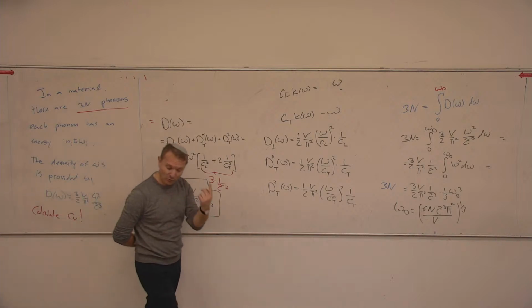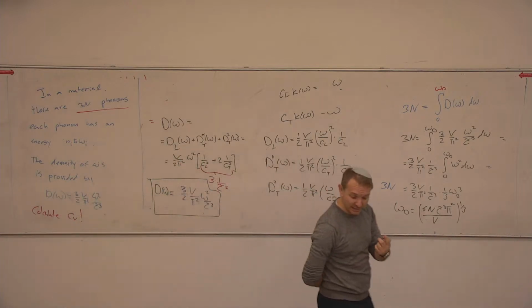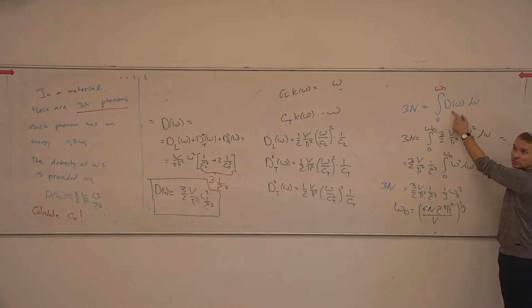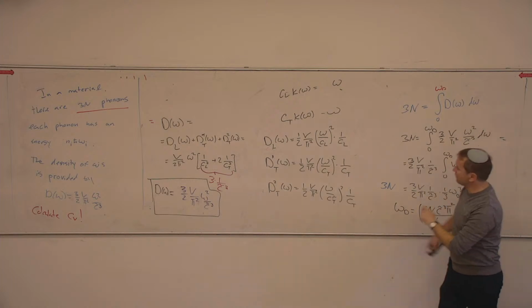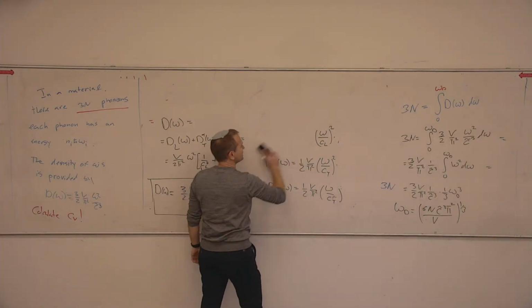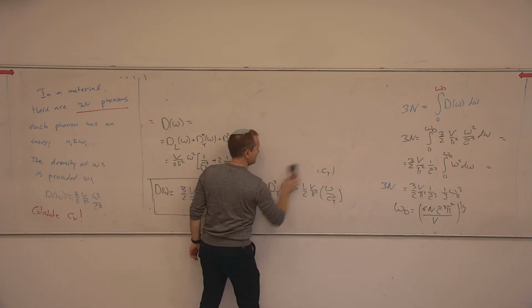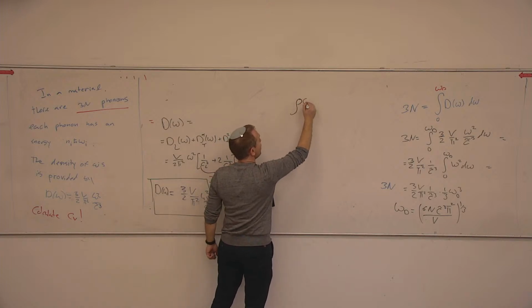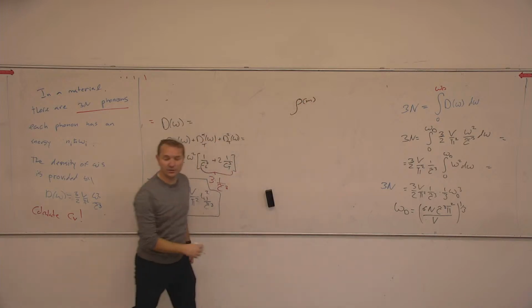So when I count all the different omegas and calculate this integral, this integral gives me the total number of all the different omegas inside my system. So if you have, for example, a density of mass in a given material, rho of m is the density of mass.